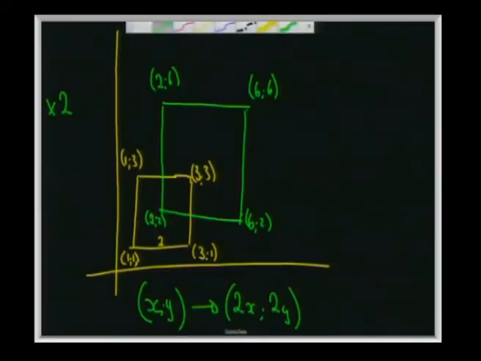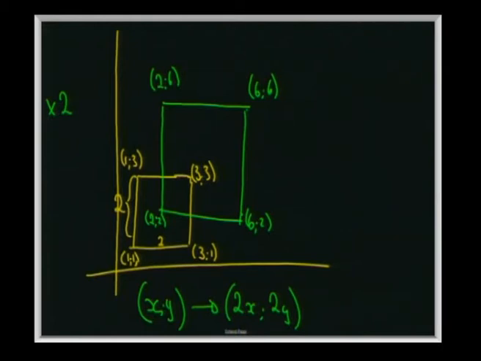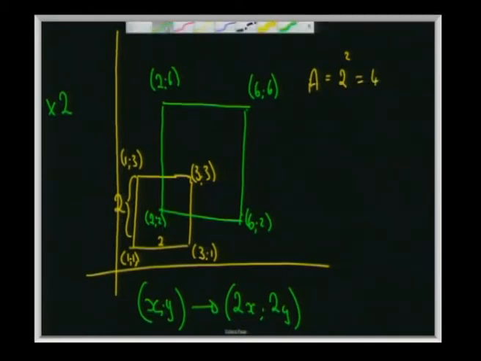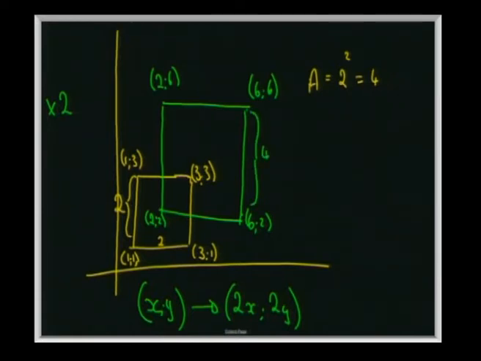Well, in my first little diagram, the side was 2 units in length, and it was a square. So the area of my first square was 2 squared, or 4. In my green square, the length of my side was 4, so my area will be 4 squared, which is 16.